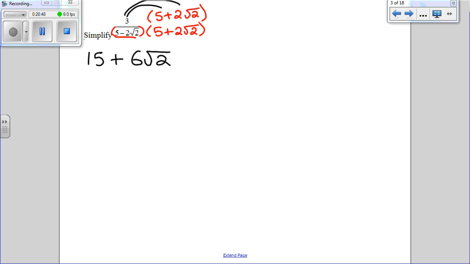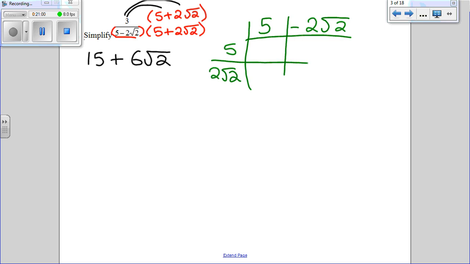On the bottom, you should do an area diagram. 5, negative 2 root 2, and then 5, positive 2 root 2. You have 25, negative 10 root 2, positive 10 root 2, negative 4 root 4.